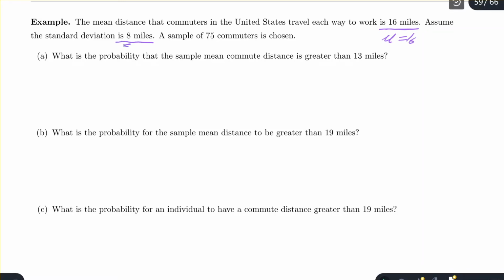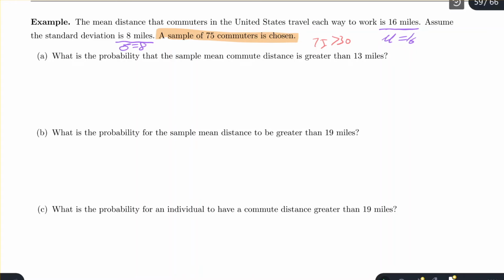A sample of 75 commuters is chosen. Although it's not given whether the commute distance data is normal, because 75 is greater than 30, we can assume the sample mean is normally distributed.